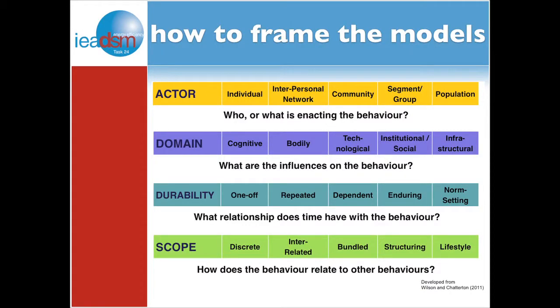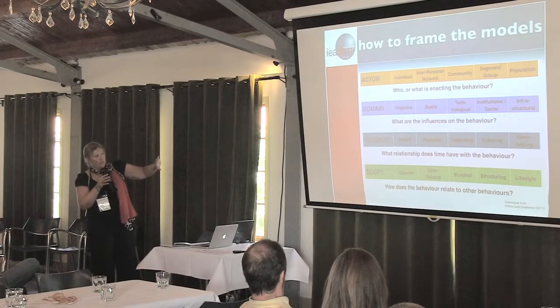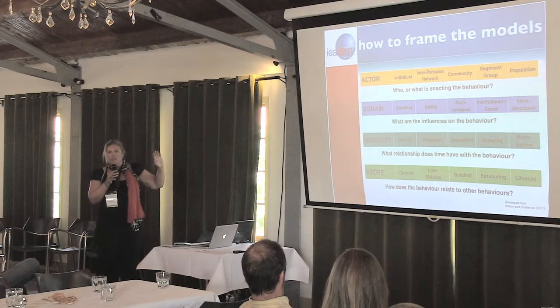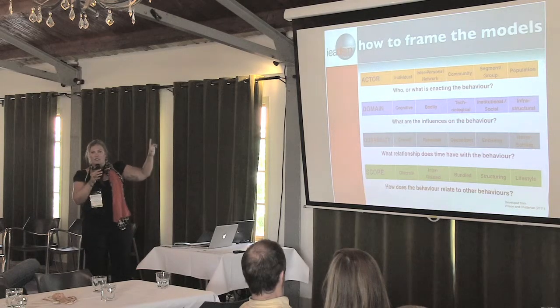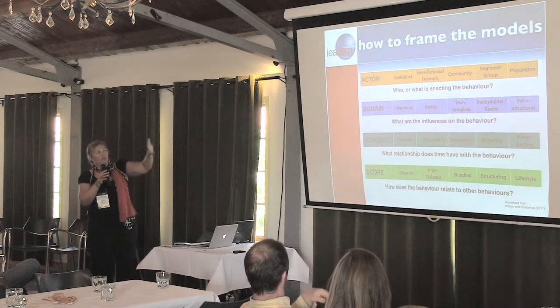Him and Charlie Wilson have developed this framework, which is basically looking at different aspects that you can ask yourself as a policymaker. Sorry about the colours, I hope you can read that. I think Tim spent a lot of time thinking about this and coming up with the right definitions and what kind of words you put in there.